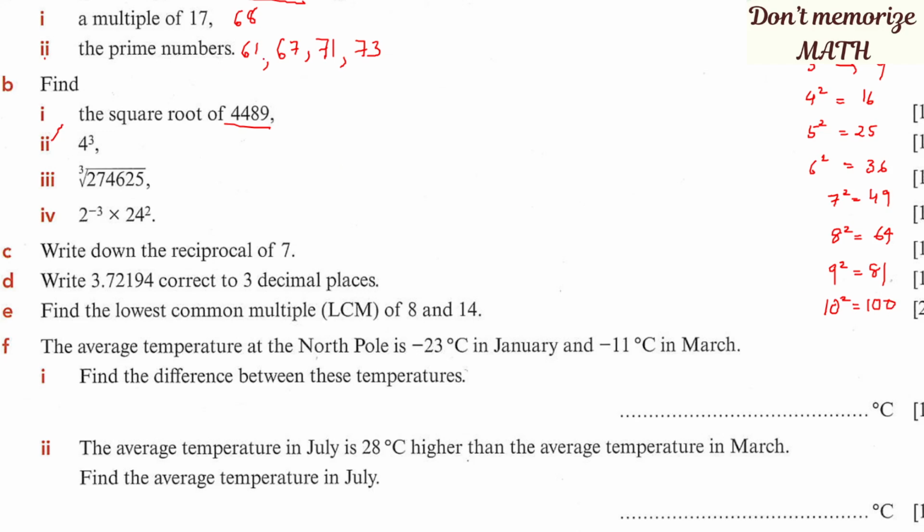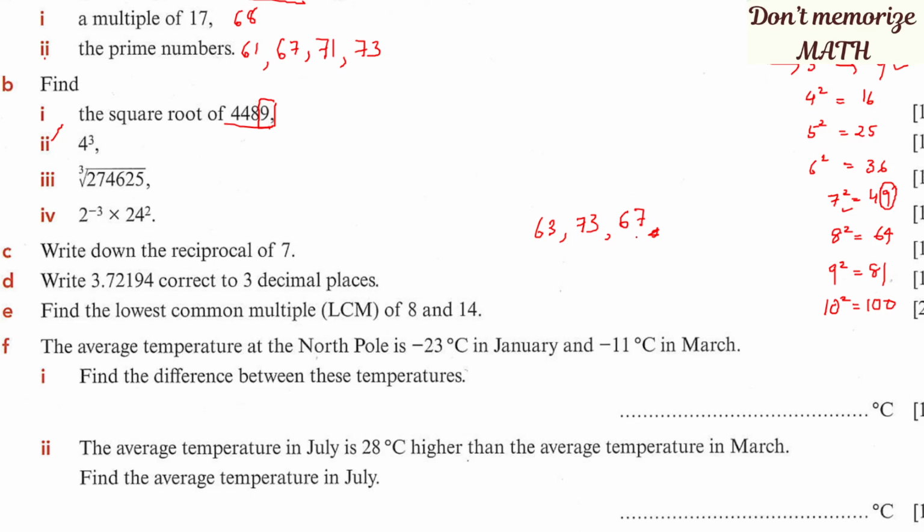Okay, so just see the square root of, what is the last digit? The last digit is 9. So the last digit of the number we need to find will be 3, since 3 square is 9. Either it will be 63 or 73. Here the last digit is also 9, so it can be 67 or 77. 77 is not possible, because it is only up to 75.